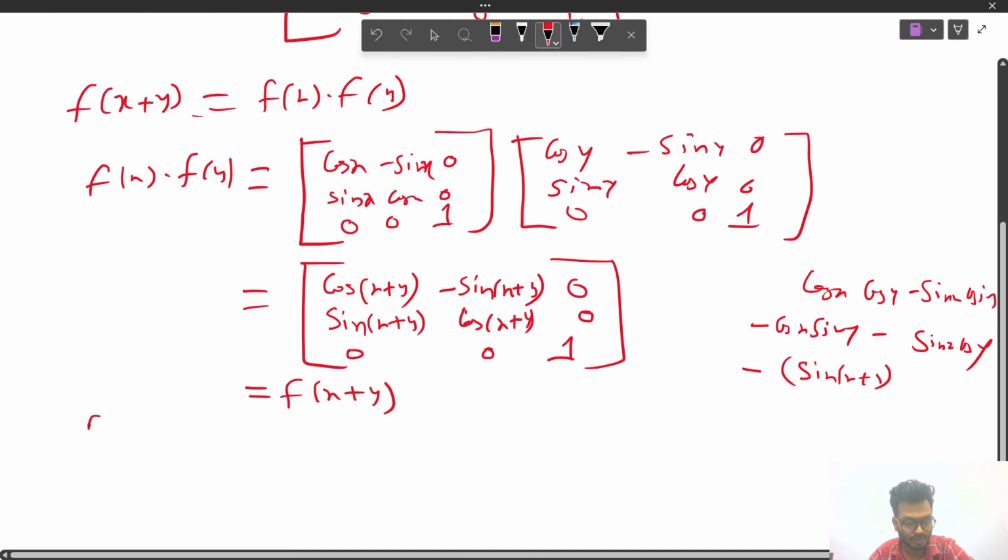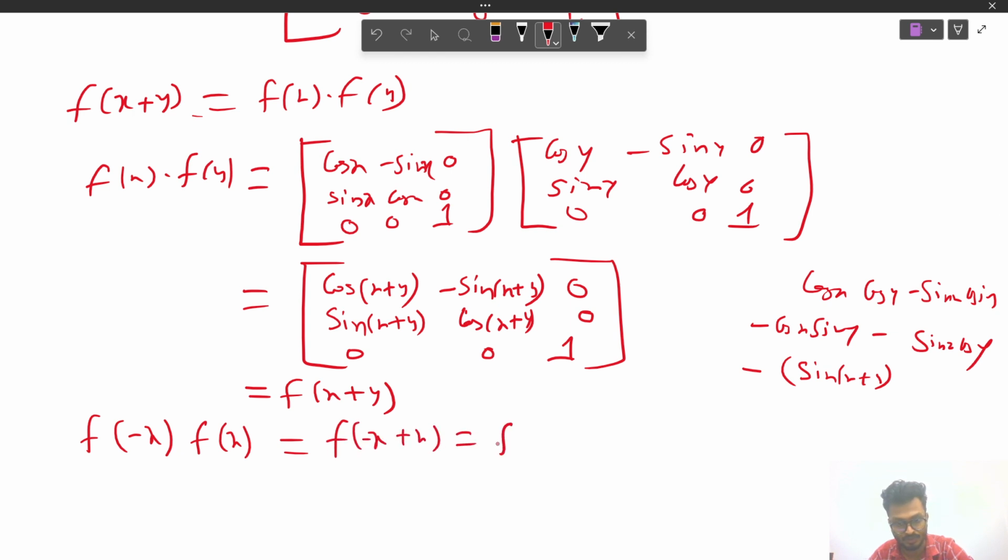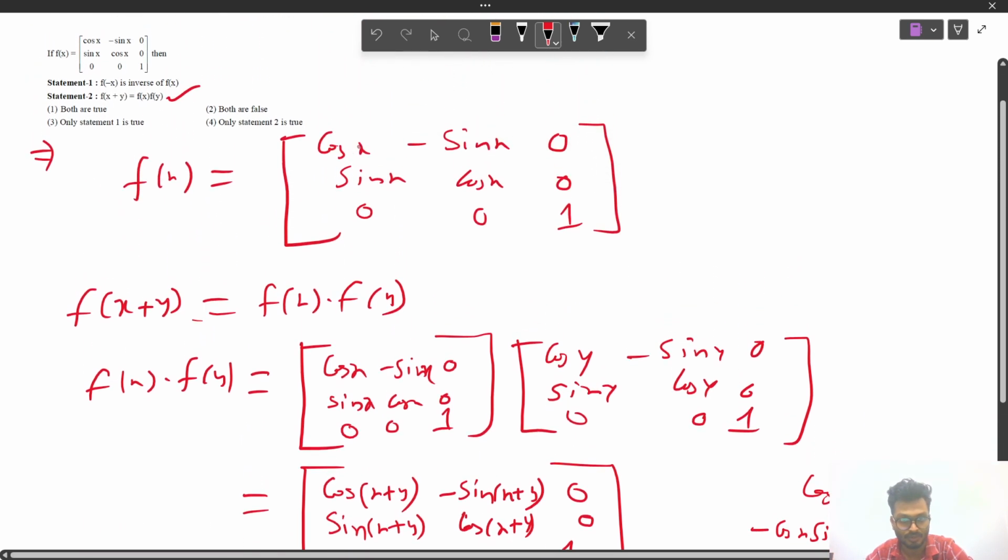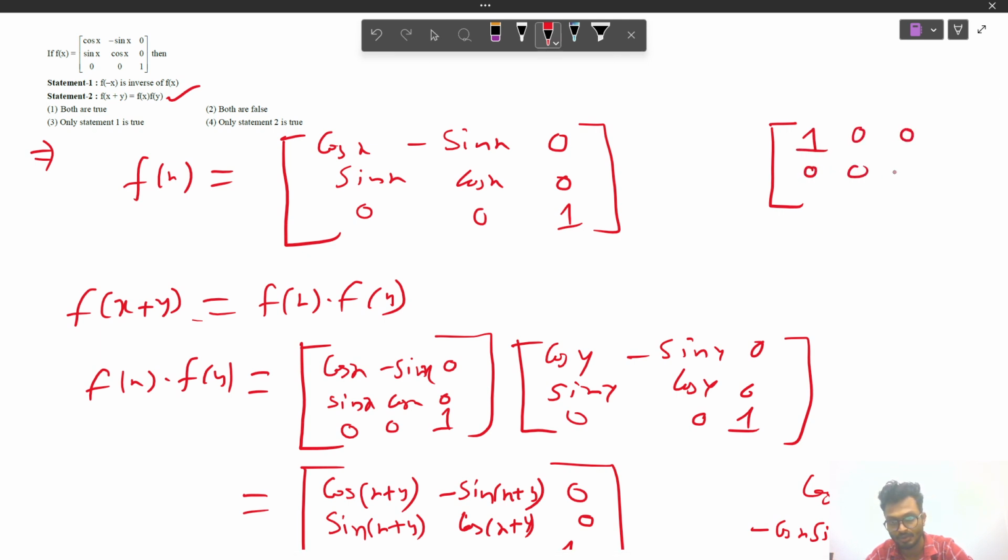If we put f of minus x in place of x, and f of x in place of y, then what we get is f of (minus x plus x), that means f of 0. Now f of 0 is what? When we put x equals 0, we get [1 0 0; 0 1 0; 0 0 1].